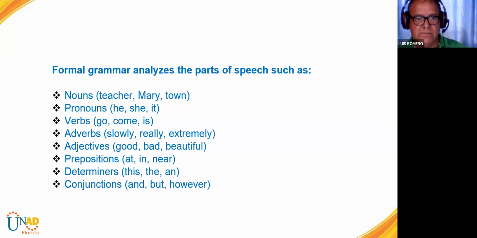For example, these are some of the parts of speech that are related to a formal grammar analysis. When you make a formal grammar analysis, you work with nouns, pronouns, verbs, adverbs, adjectives, prepositions. You have there some examples, determiners, and conjunctions.